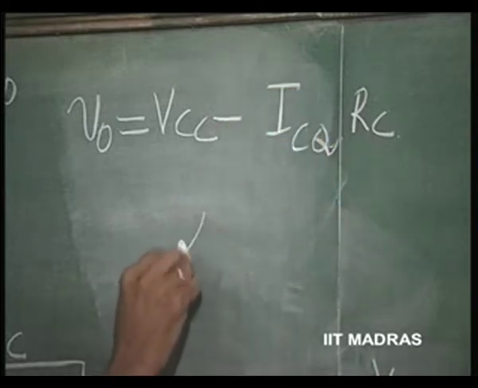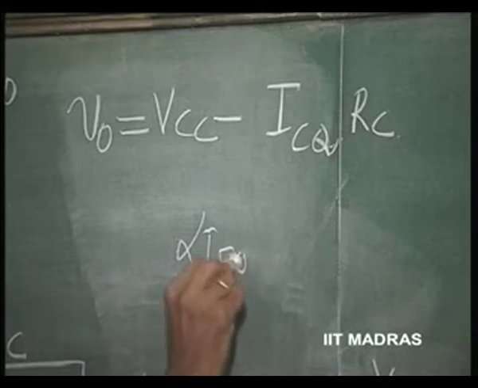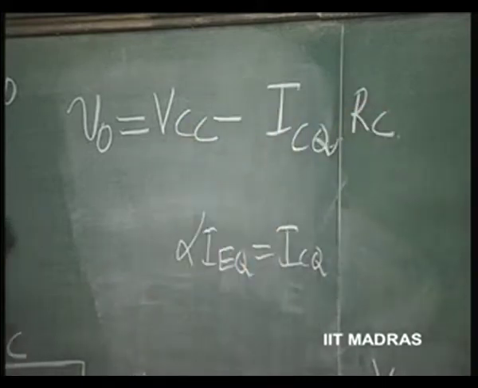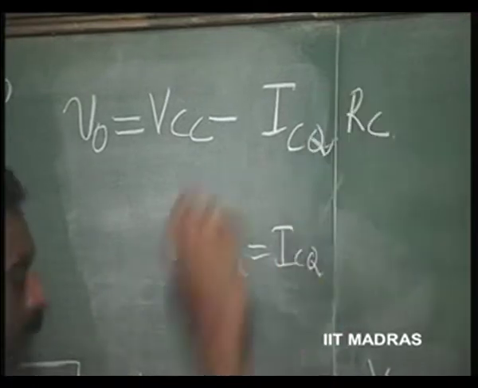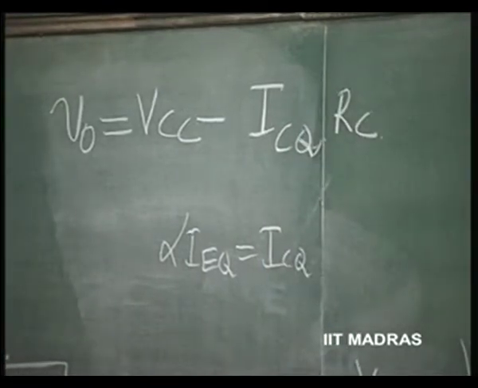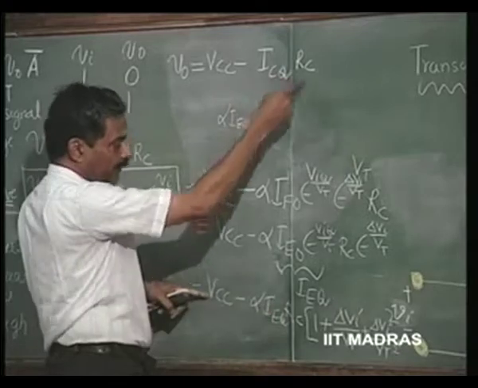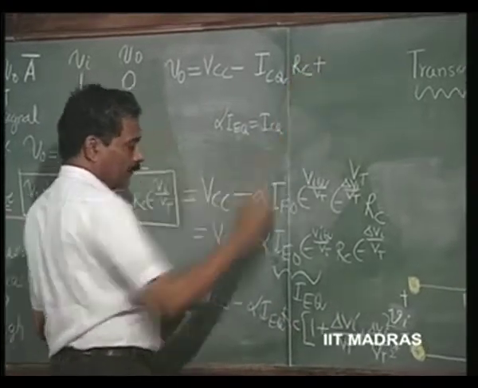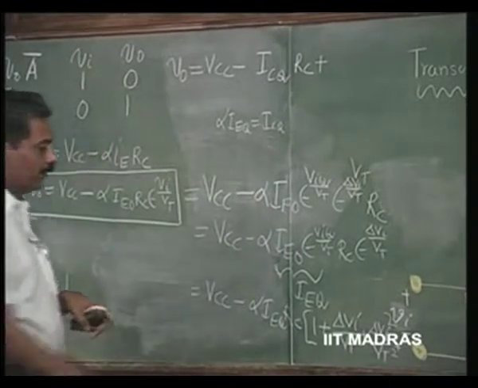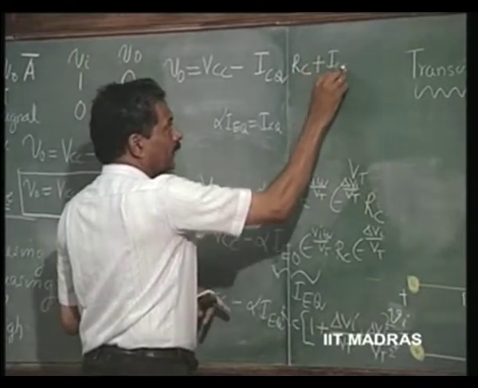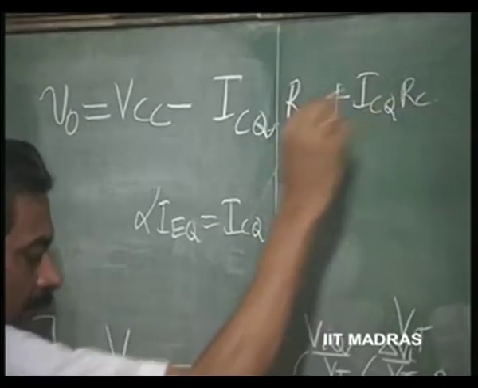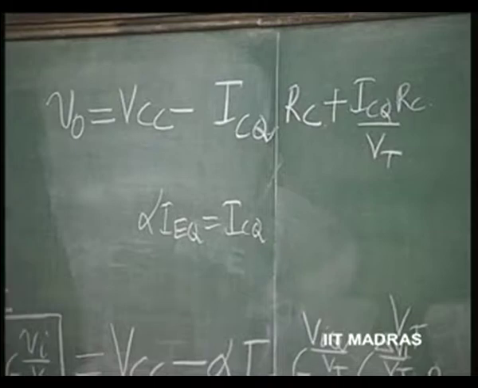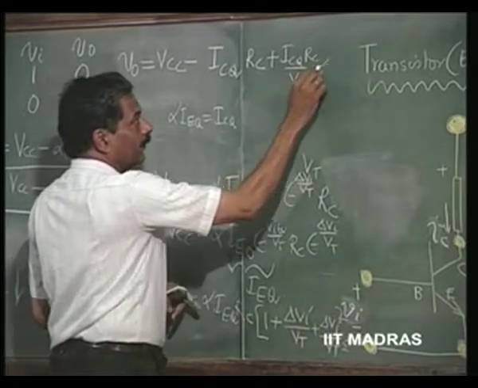So, VCC minus alpha IEQ RC is VCC minus ICQ RC, plus ICQ RC by VT, I am taking it inside, into delta VI.